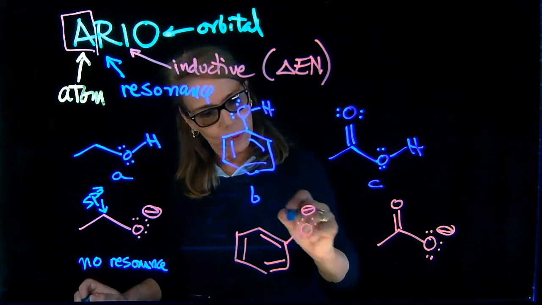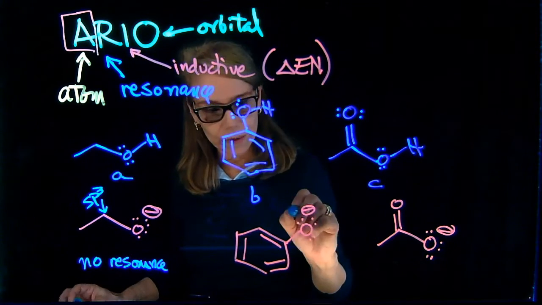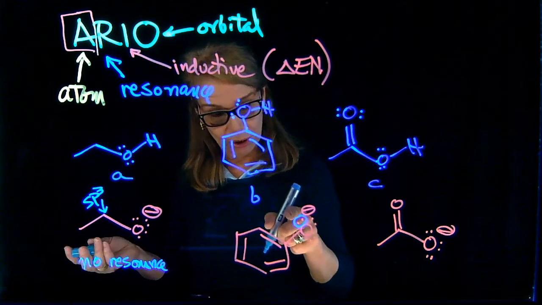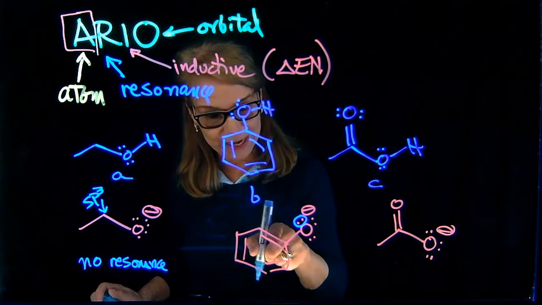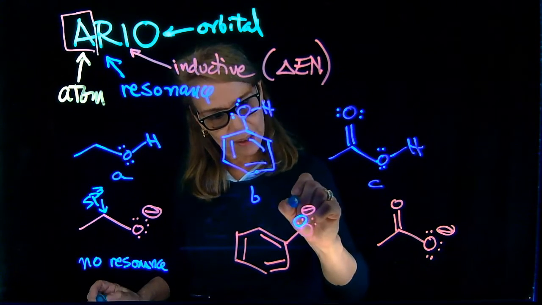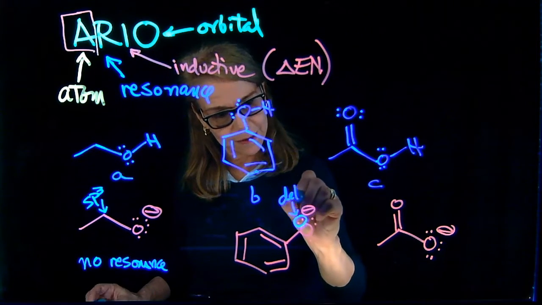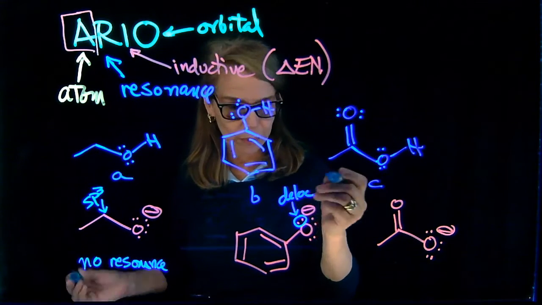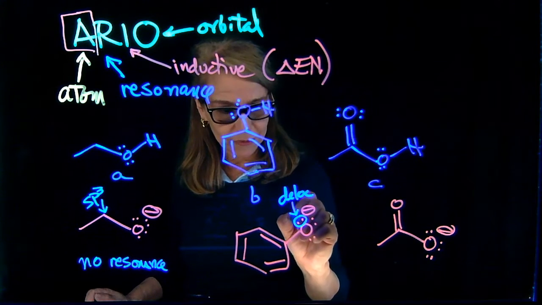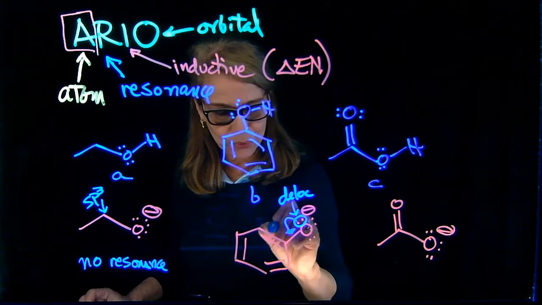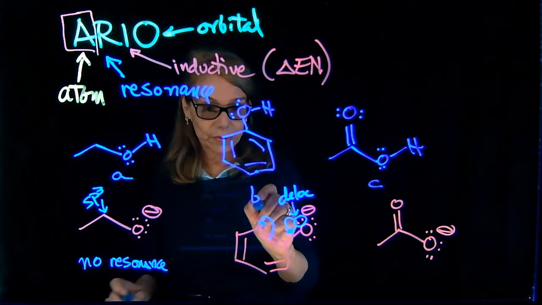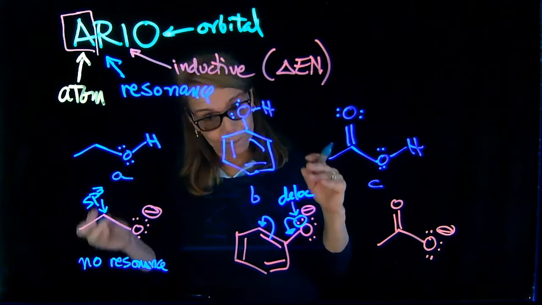Now, this one here, let's pick one of the lone pairs. We have one lone pair that can be delocalized because it is allylic, so next to a double bond. The other two will be localized, but this one is delocalized. I just picked one of them randomly. Delocalized means I can do resonance. I can do this, and that will lead to a resonance structure with a negative charge here, and I have more.